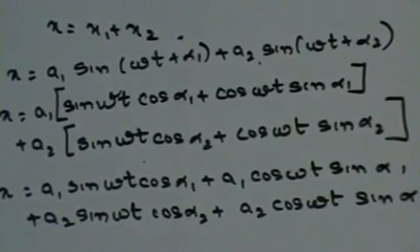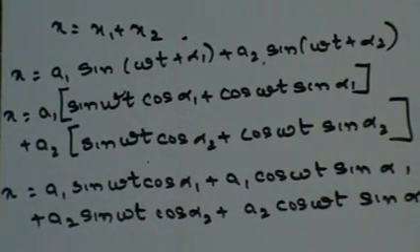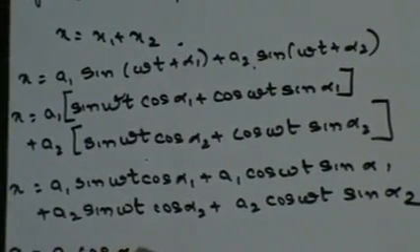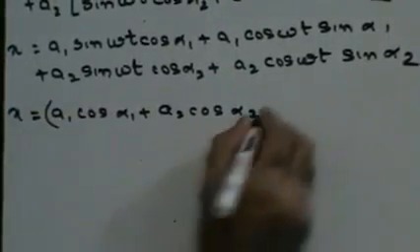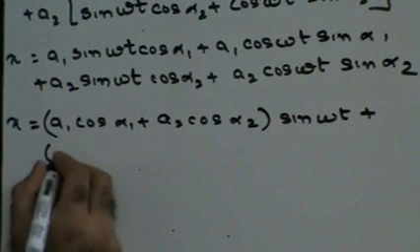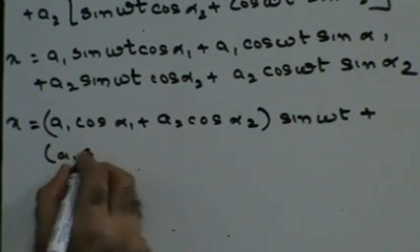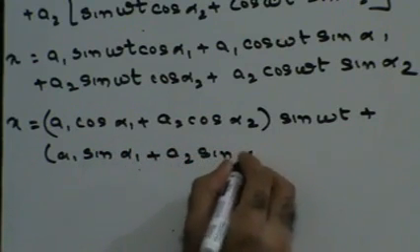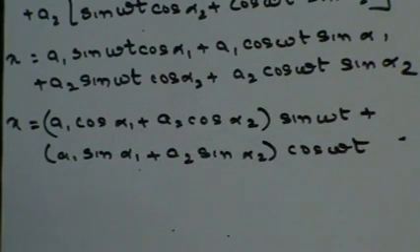So here in the first and the third term you can take sin omega t common. If I take sin omega t common, I'll get (A1 cos alpha 1 plus A2 cos alpha 2) sin omega t plus (A1 sin alpha 1 plus A2 sin alpha 2) cos omega t. Right?